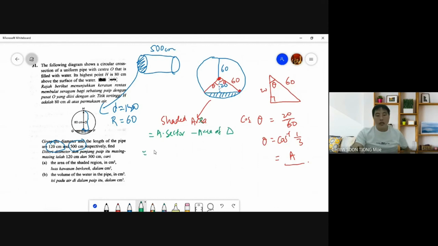Area of sector is 1 over 2 r squared, 60 squared theta. Theta is 2A over 180 times pi. So you have to get A. Minus the area of triangle.